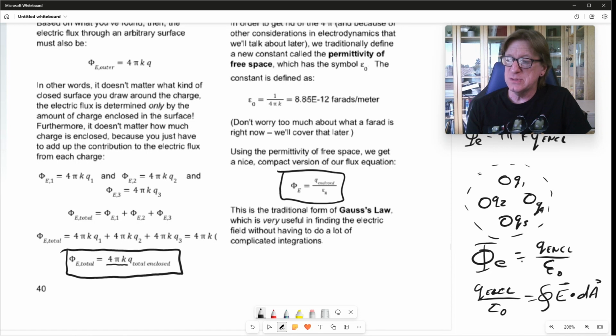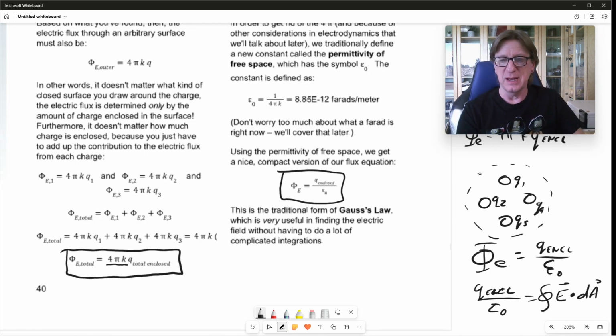So if I choose my surface to be something easy to integrate, like a sphere or a cylinder or a plane, something that I can get the area of very easily, and if my E is constant on that surface, very important, then I can pull that E out and I'll get integral dA, which is just going to be the area. So you take this value, Q1 plus Q2 plus Q3 plus Q4, divide by the area of that surface, divide by the area of the sphere in this case, boom, you've got the electric field. So that is a very, very useful result that we can have for this.